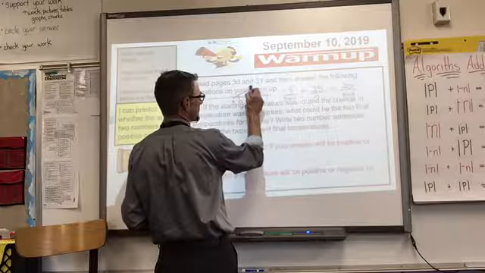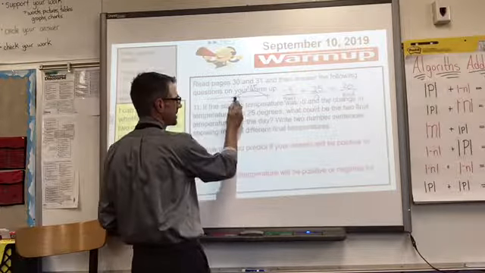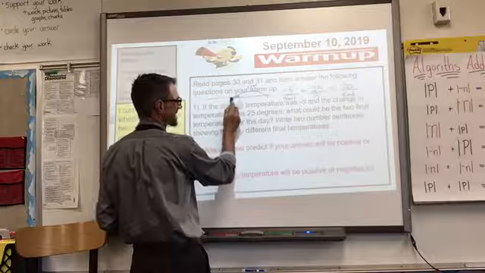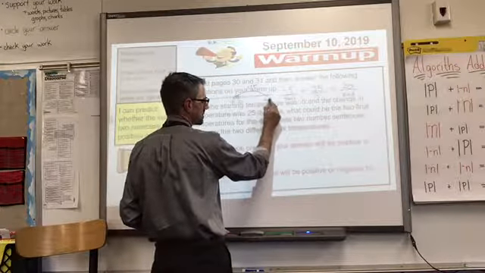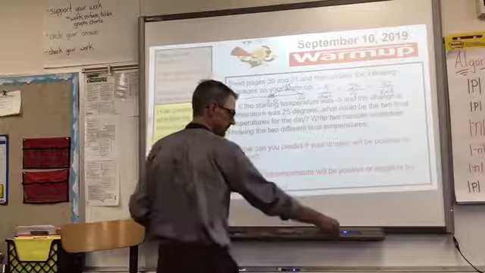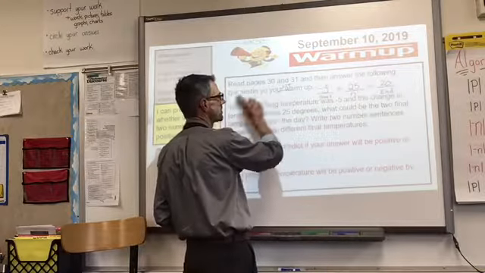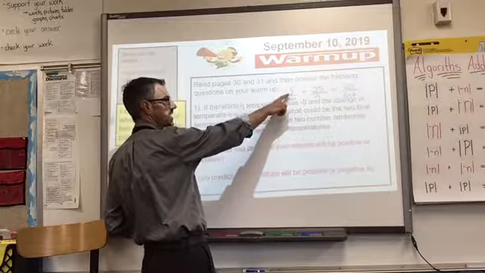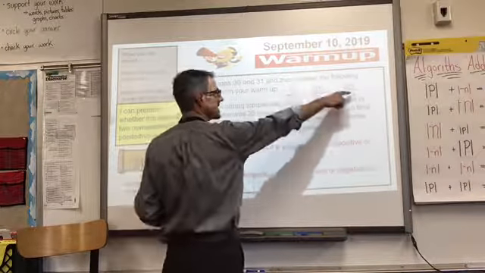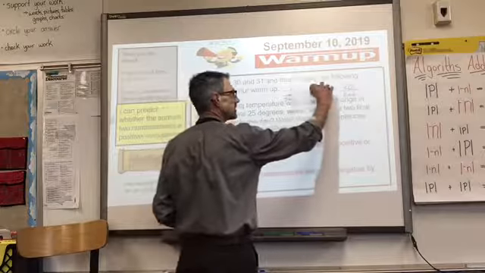And this is positive 25. If he just takes away that, he knows how far this is, and that is 20. So that's one of the number sentences that you could have. I start with -5, I have a positive change, I get 25.